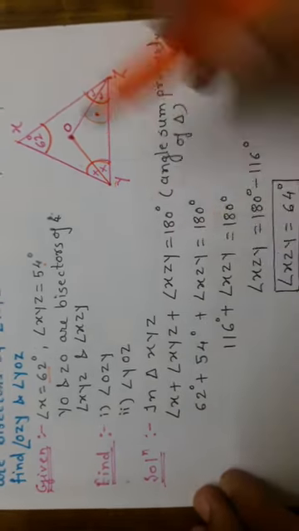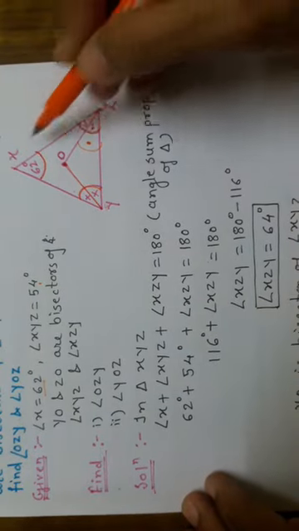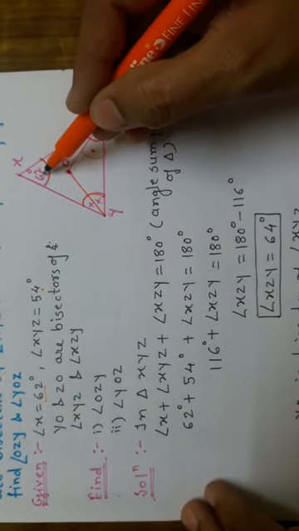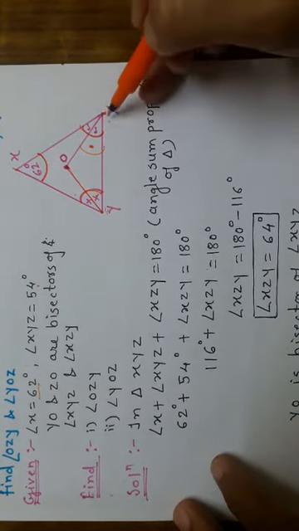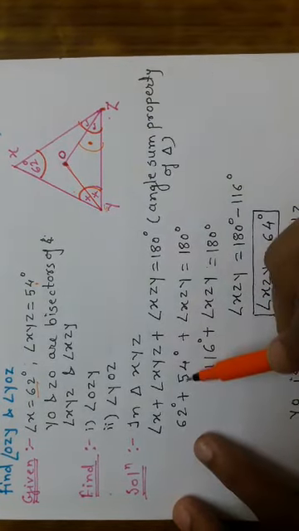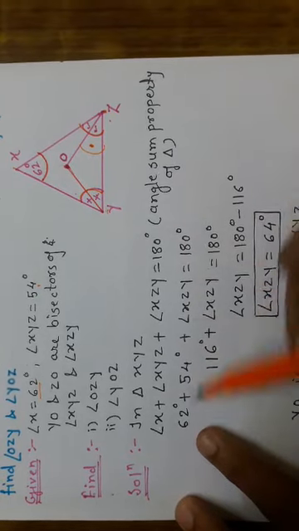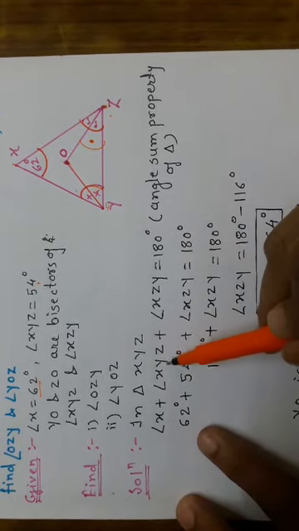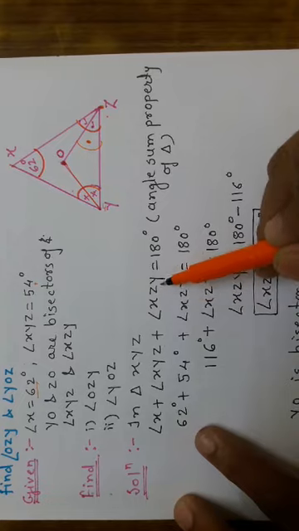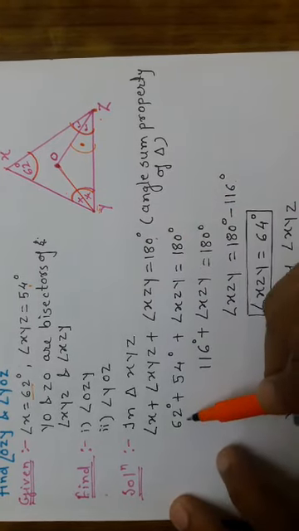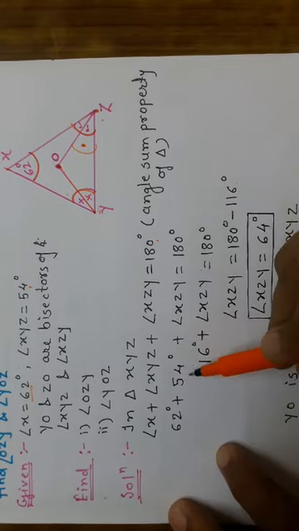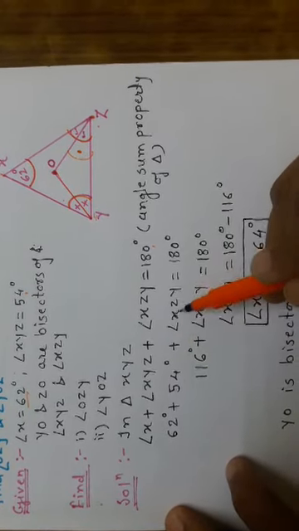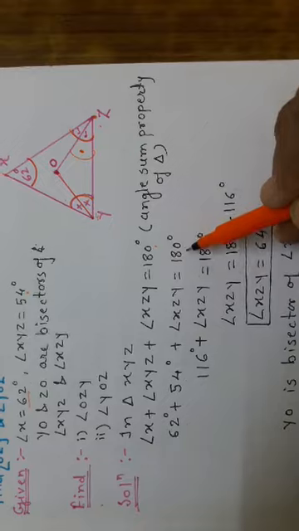Now the solution. In the triangle XYZ we know two angles, angle X and angle Y, and we have to find Z. Means here we will use the angle sum property of the triangle. Angle X plus angle XYZ plus angle XZY is equal to 180 degrees. X is equal to 62 degrees plus XYZ is 54 degrees plus angle XZY is equal to 180 degrees.